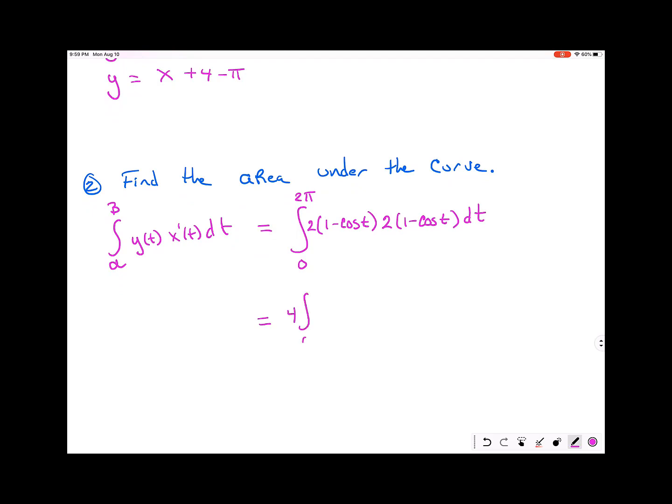So when I simplify that, I have 4 times the integral from 0 to 2 pi of 1 minus cosine of t squared dt. When we work that out, we will have 4 times 3 times pi. So the area underneath one sweep of the curve is equal to 12 pi.